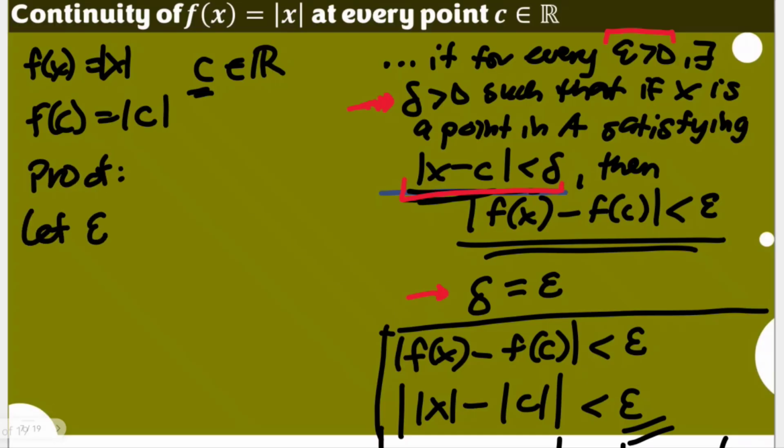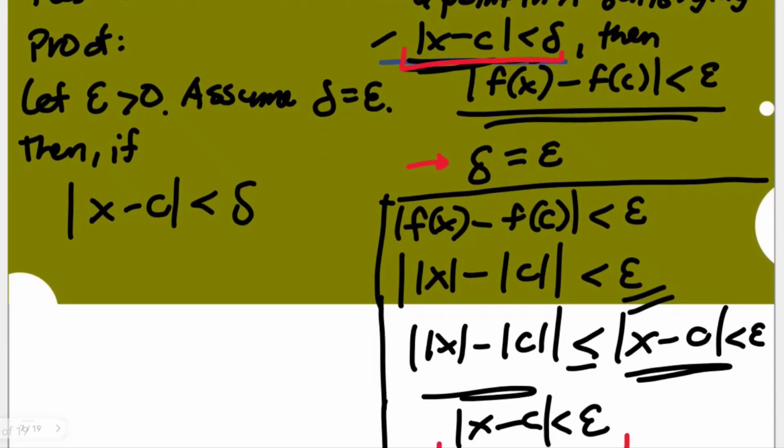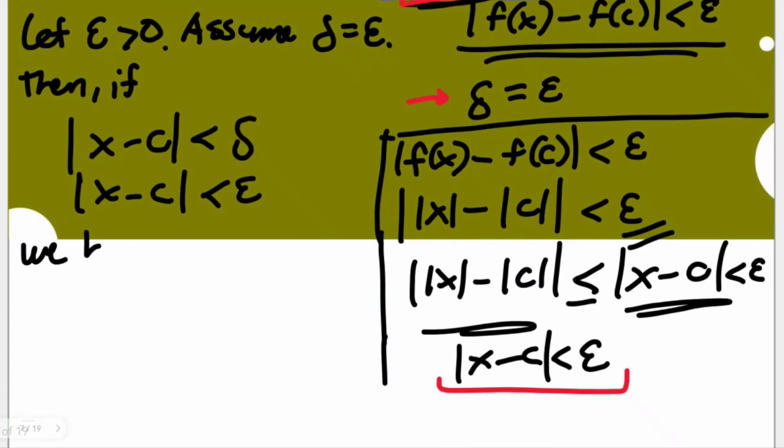Let epsilon be greater than 0, and then our assumption is delta equal to epsilon. Then, if the absolute value of x minus c is less than delta, which is also epsilon, take note of that. Other references would not write it that way, but the purpose of the scratch work is that you will be guided on the process. Since we are done with that, let's continue.